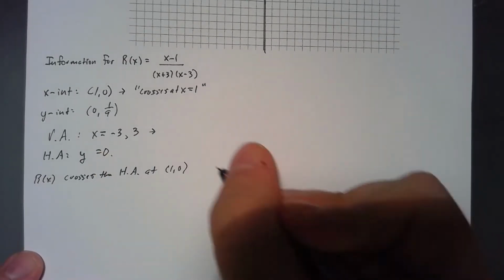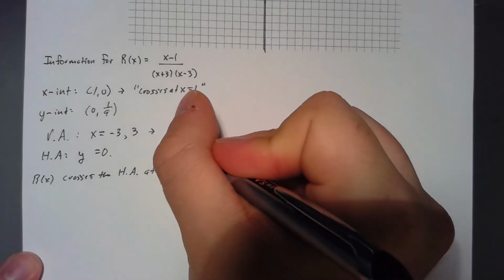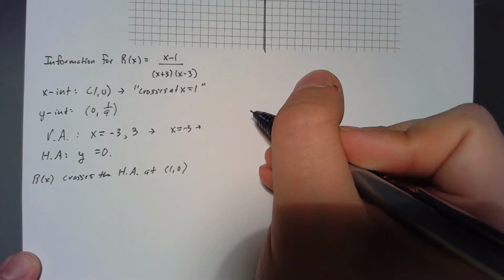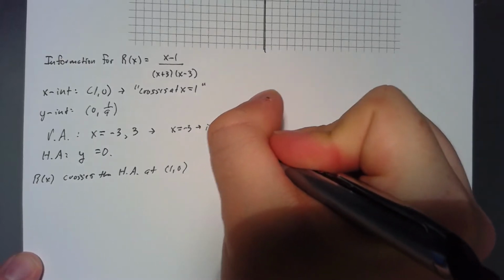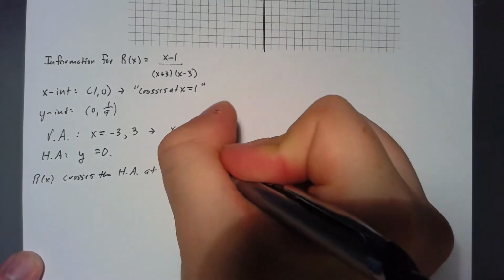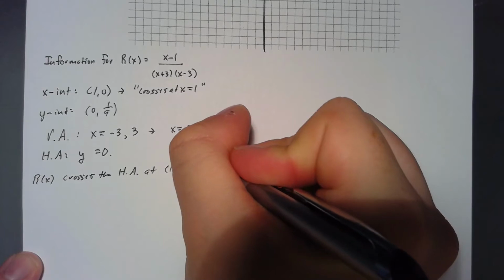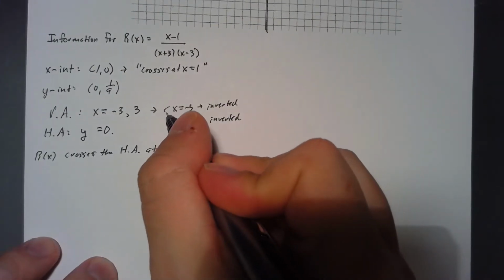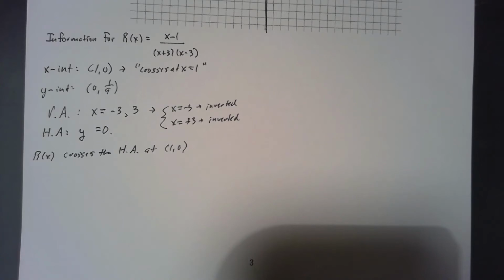We said what? X equals -3 is inverted, and x equals +3 is also inverted. All right. That's for the vertical asymptotes.